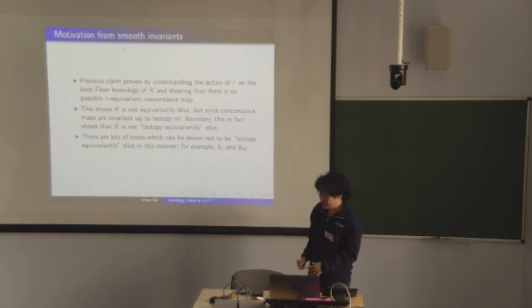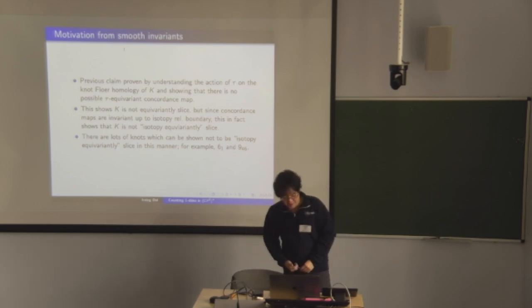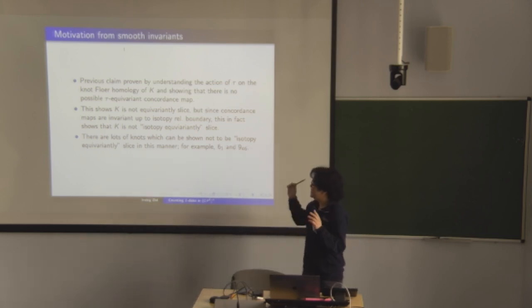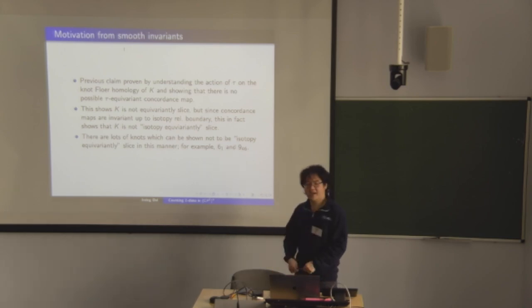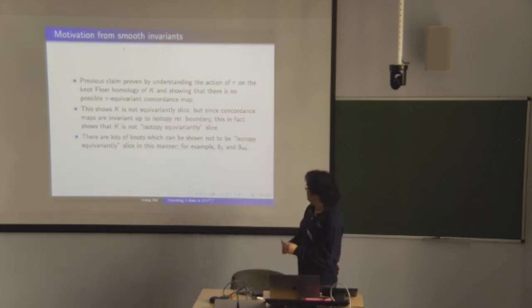Okay, so you might say, what does this have to do with anything else that I've previously told you? The point is that you should imagine that this is a generic property of a knot. There are lots and lots of slice knots which can be shown to be not, quote unquote, equivariantly sliced in this manner.